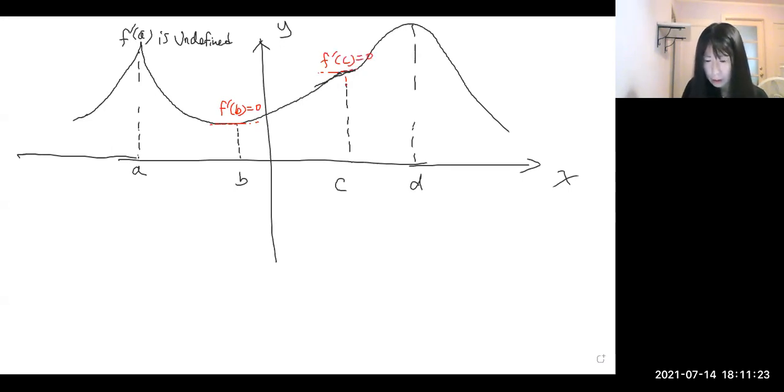And this one, f prime of D equals 0, right? Okay. Those are critical points. CP. Undefined.